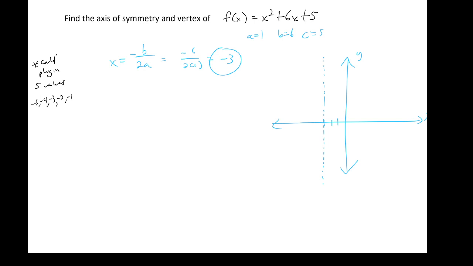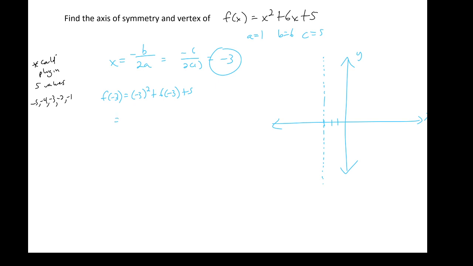I'm going to figure out whether it's going to be up here or down here, to have my vertex. So for my vertex, I take f of negative 3, which is negative 3 squared plus 6 times negative 3 plus 5.